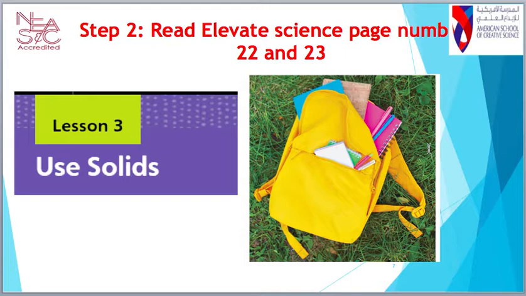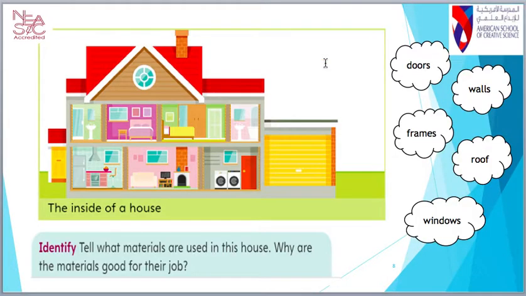Now step number 2 is open your books and read pages number 22 and 23. And here, the inside of a house. Identify and tell what materials are used in this house.